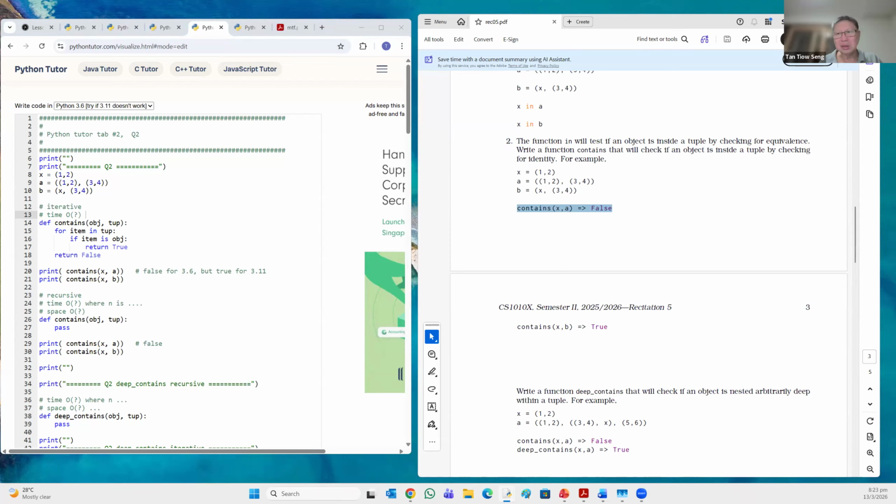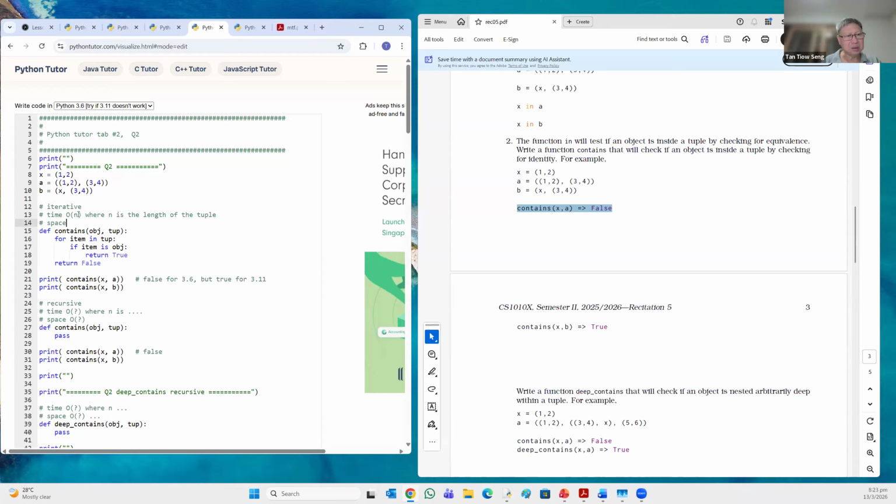What's the time and space? Shouldn't the time be O of n? Okay, why? Where n is the length of the tuple, because we're iterating through the tuple.